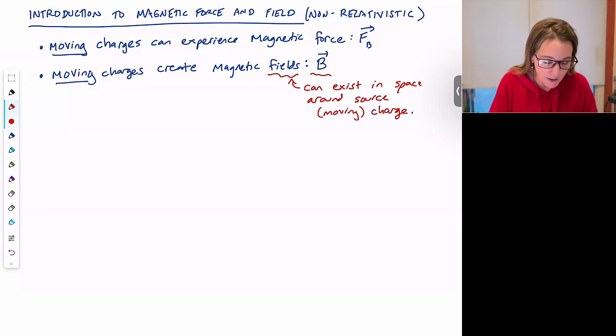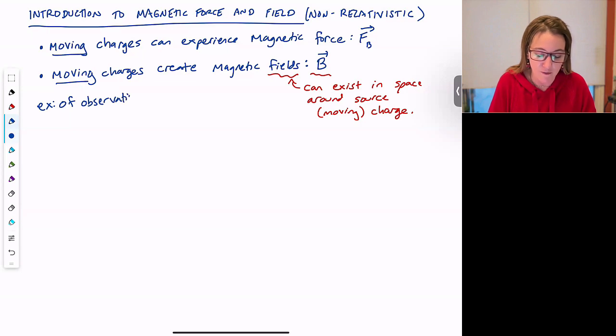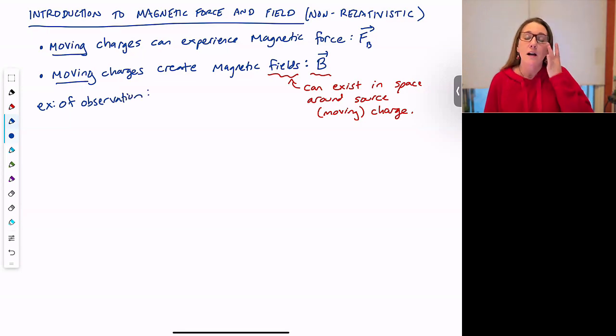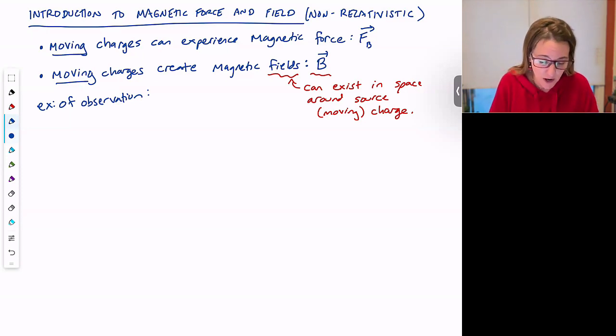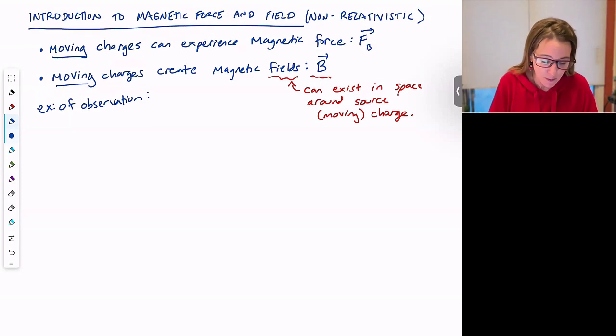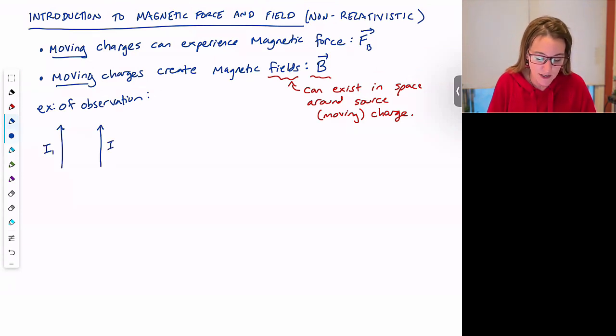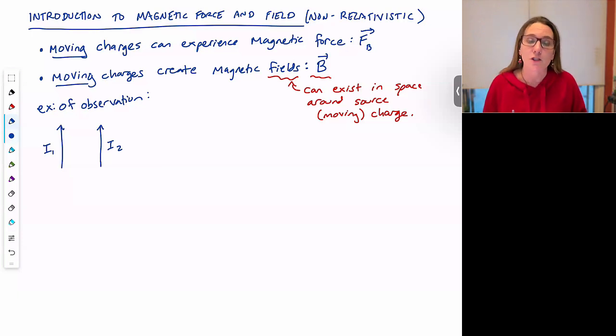One example of this observation, and an example of this force that is different classically, non-relativistically from the electric force, would be if I had a current I1 and then I have another current carrying wire near it, I2.